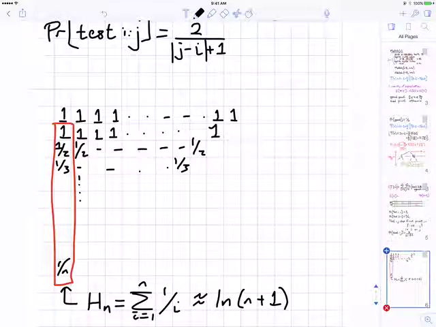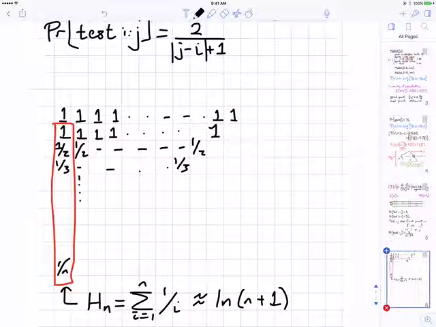Okay? Every one of these columns, I actually have a sort of triangular thing, which is h of n plus h of n minus 1 and so on. But if I'm being conservative, I just fill out the whole rectangular array. And so I get h of n times n, which is n log n.